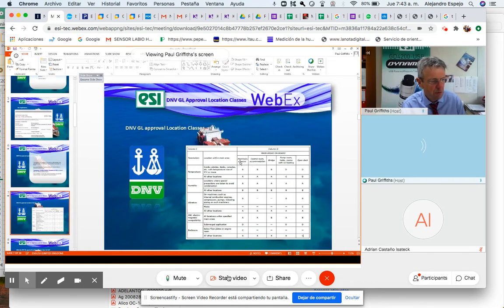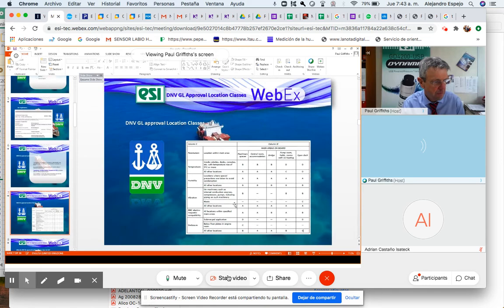So you can see you have machinery spaces, control room, bridge, pump room, and open deck. Open deck is one of the most difficult classifications because of the exposure to the weather.